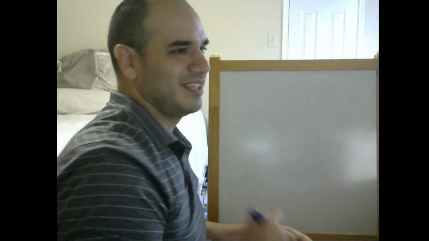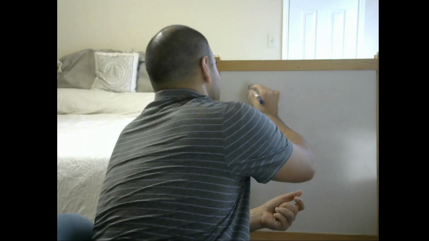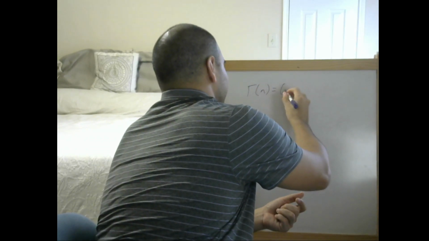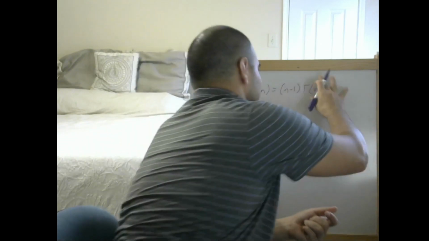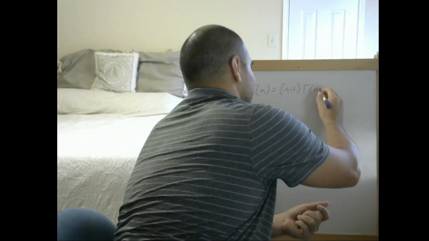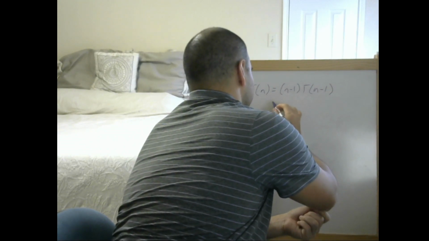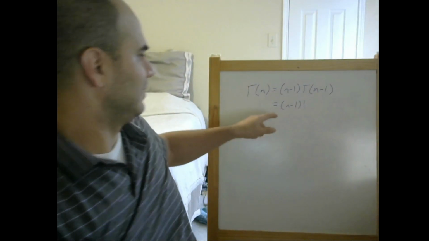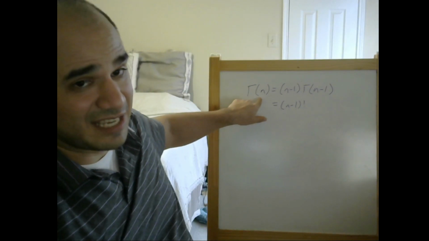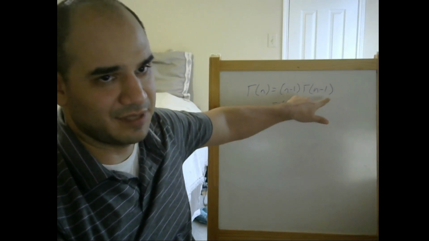Okay, so gamma was this continuation of, and eventually the analytic continuation of the factorial function, where we defined it as gamma of n is equal to n minus 1 times gamma of n minus 1.